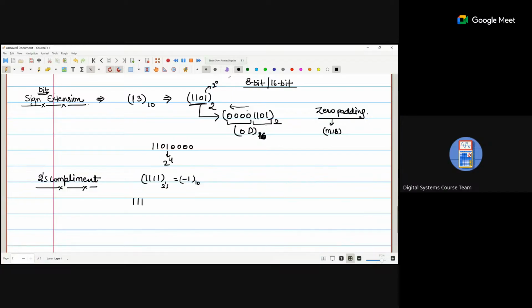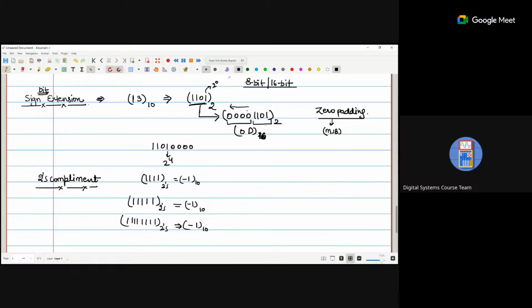If we add 1, 1, 1, 1, 1, that is also -1. Whatever number of ones we add, that is also -1.